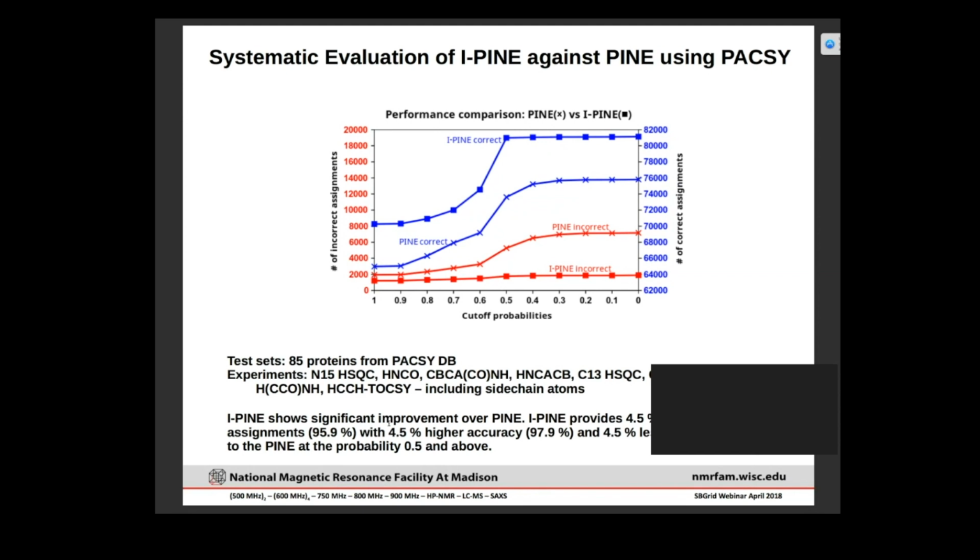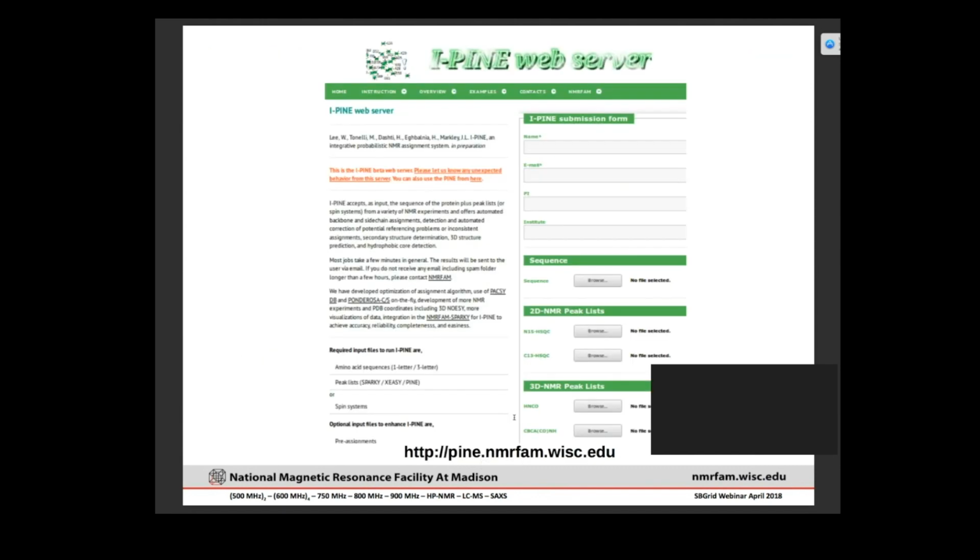So iPine can assign side chains around 95% accurately for 0.5 probability cutoff, but the Pine it's about 83 or 82, so that difference is pretty big. So this is the iPine web server. You can visit and upload your peak list manually.